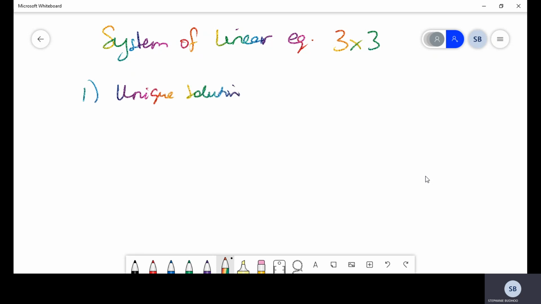The first one, you will have a unique solution. Obviously, if you are able to achieve a system whereby you end up getting a situation that looks like this. You have reduced to your echelon form and you get values as such. Let's just say you had -5, 2, 0, 0, 0, 1, 2, 1.